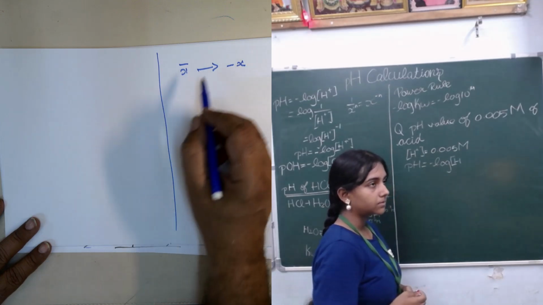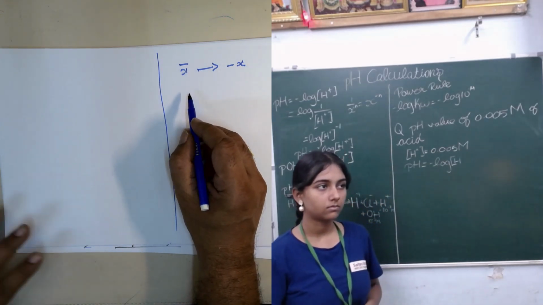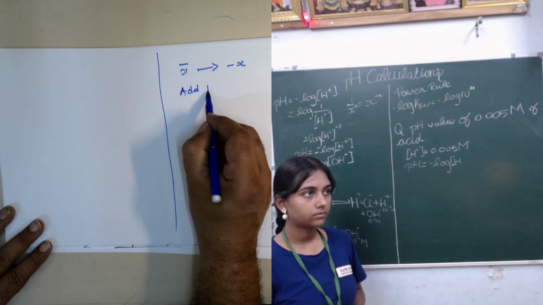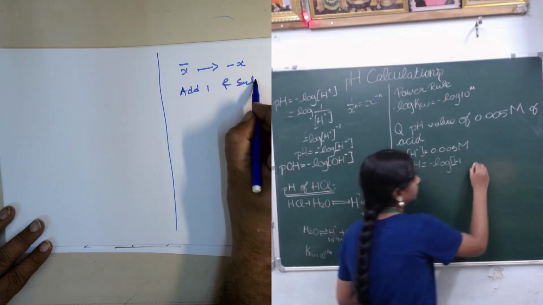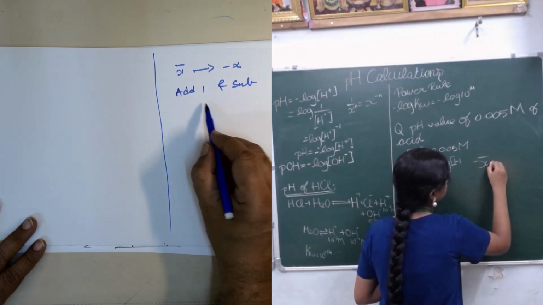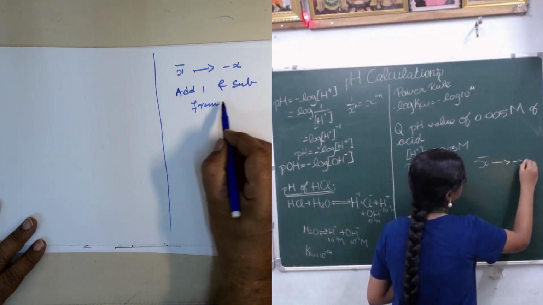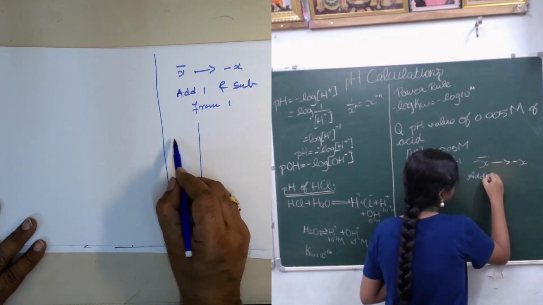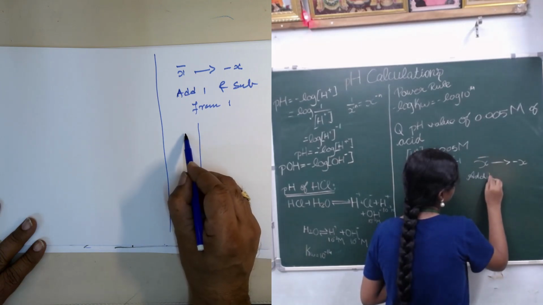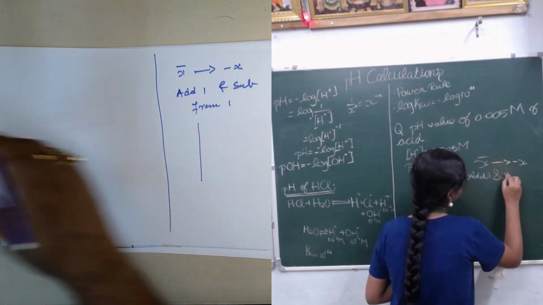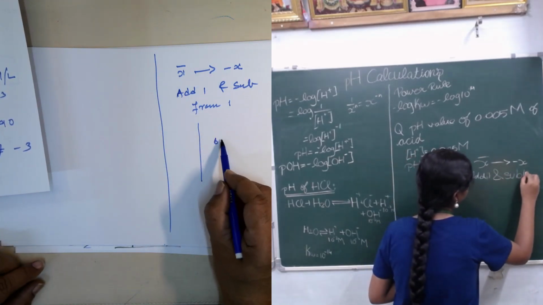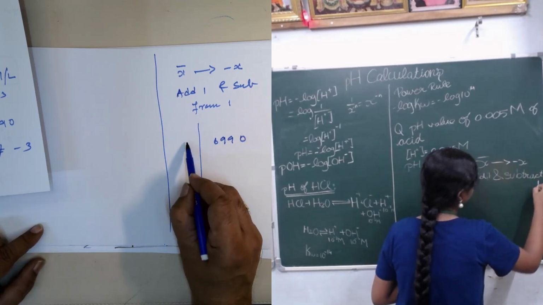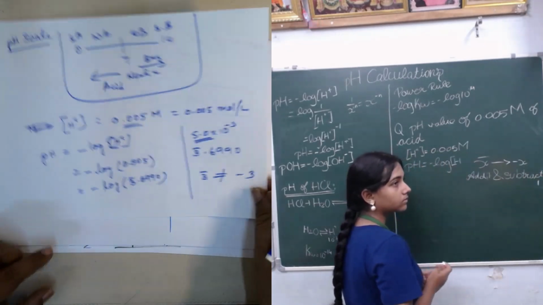For which we need a technique: add 1 and subtract from 1. So you have got the logarithm's characteristic and mantissa apart. Split this, and you have got here 6990. Split this into two parts and you have got 3 bar here. Okay, so this is the value.